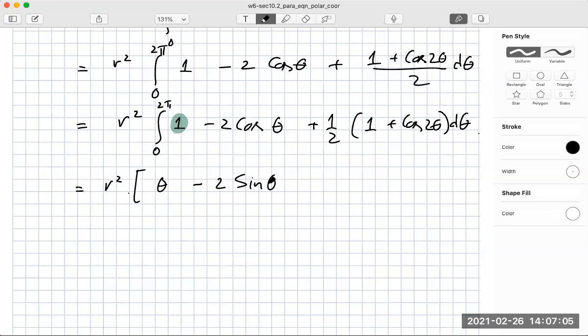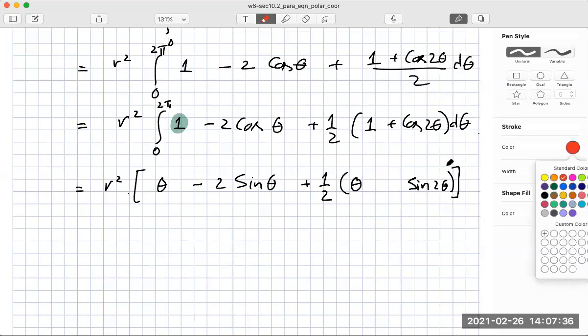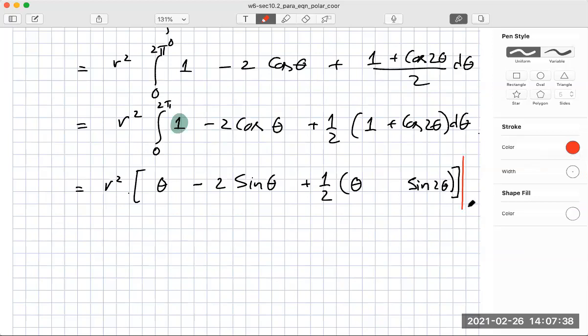Very good, thank you, Camden. And the constant here, right? What is it? Yes, theta. And here? Is it correct here? Is it correct?